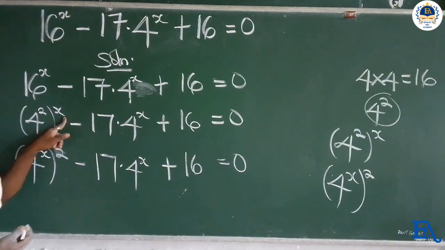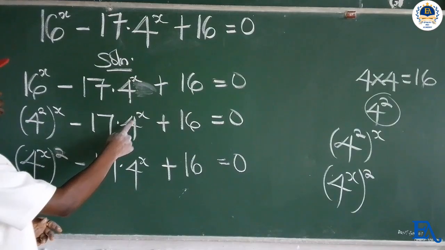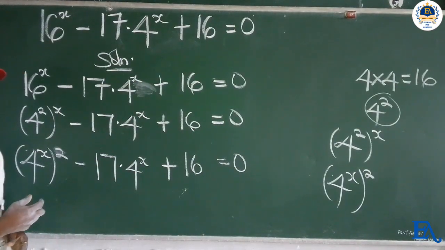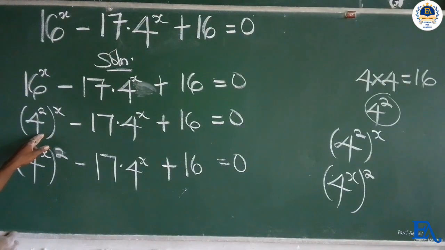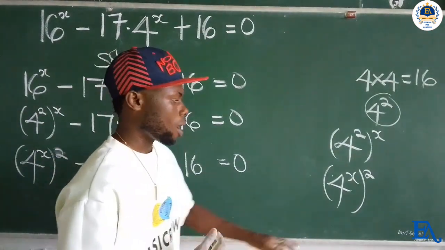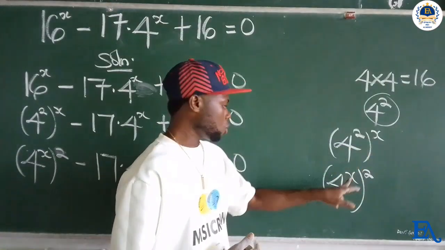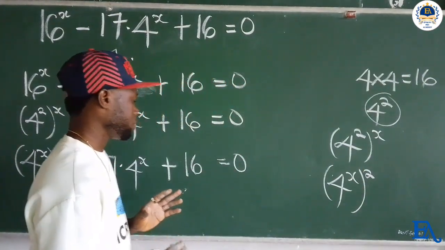Because we already have a term that has 4 raised to the power of x in this equation, we must also do the same to have the same thing in this place. That is the relevance of interchanging their index or their power, from 4 raised to the power of 2x to 4 raised to the power of x, 2, which is basically the same.